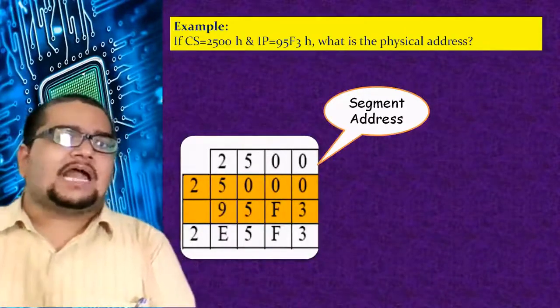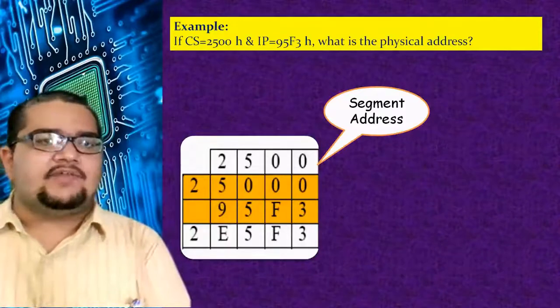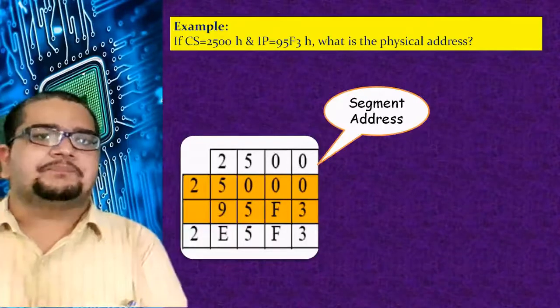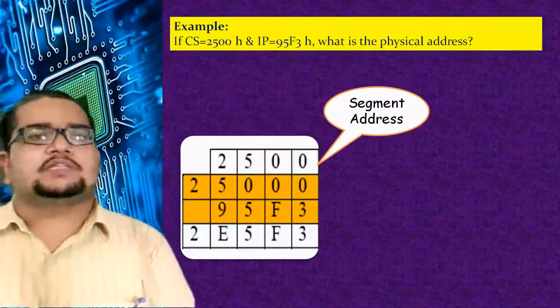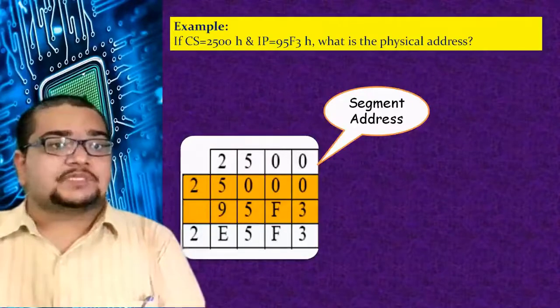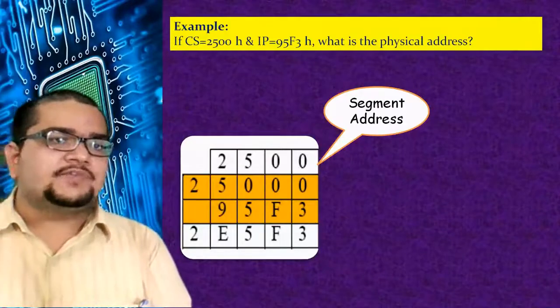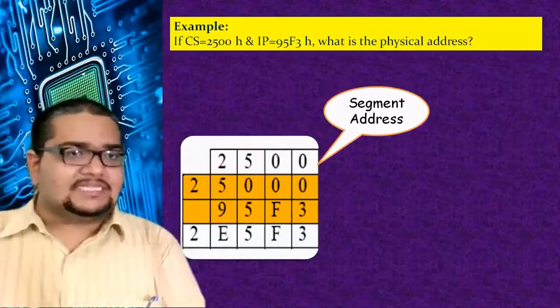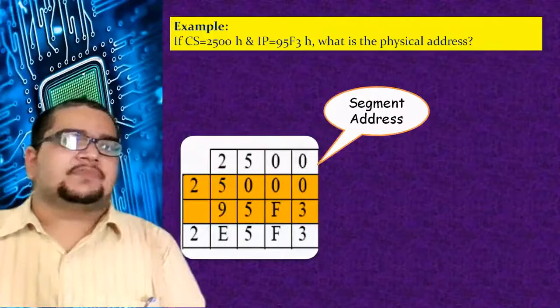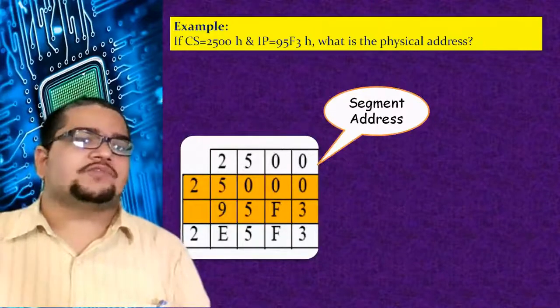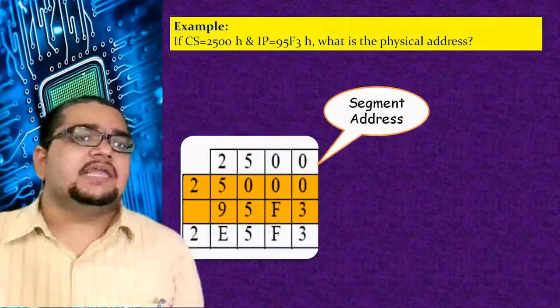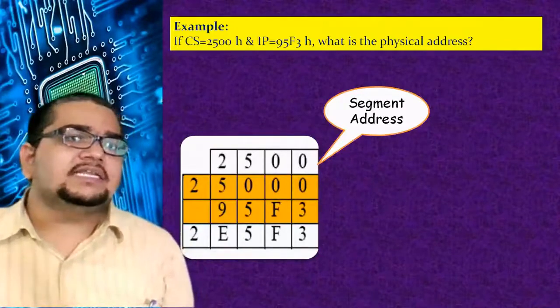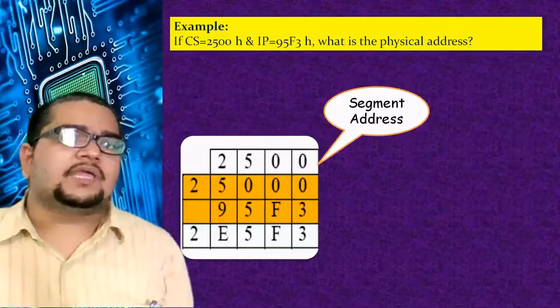So the content in the IP register is the hexadecimal number 95F3. Here it is asking us to calculate the physical address. As per the physical address formula, physical address is equal to segment address times 10H plus offset address. So here, in the first row, 2500 hexadecimal is my segment address, which is there in the CS register.